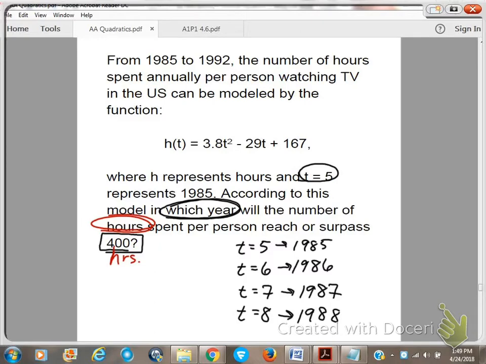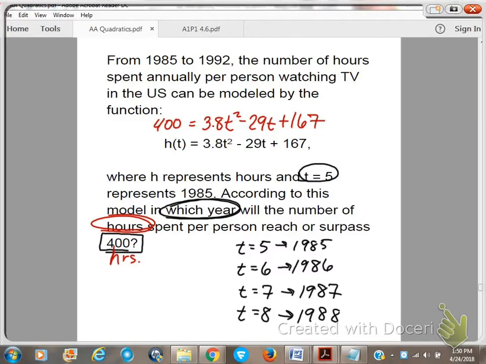H. You have to know where you're plugging your variable in. Now, if you're plugging in 400 here, we're looking at 400 equals 3.8 t squared minus 29t plus 167. Is that one that you want to solve by hand, or would it be easier to use our graphing calculator? Probably the graphing calculator.